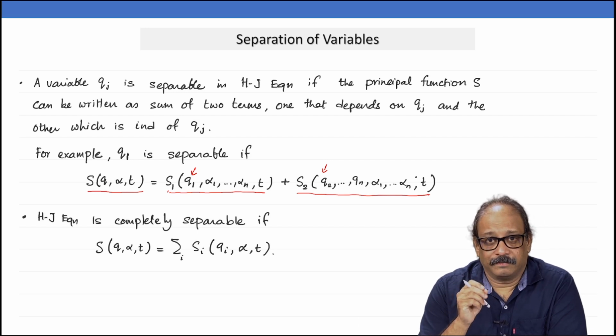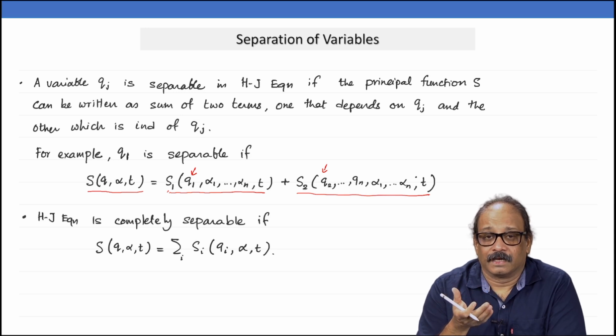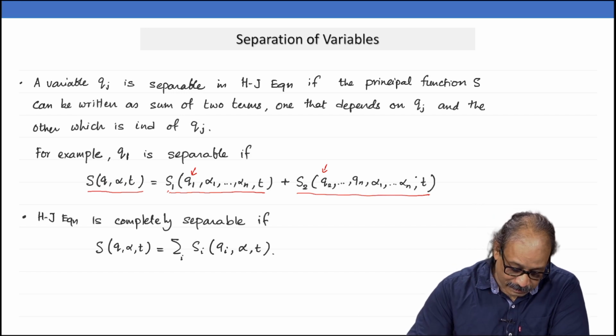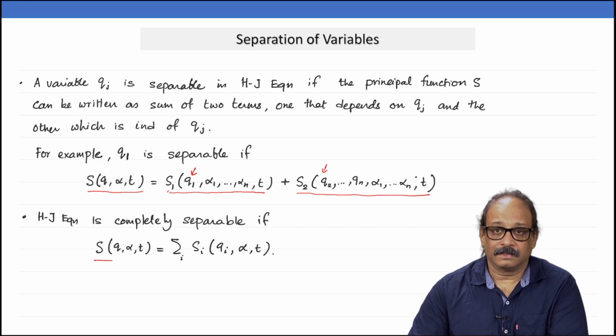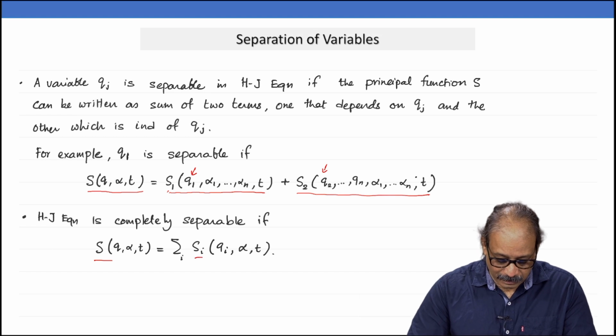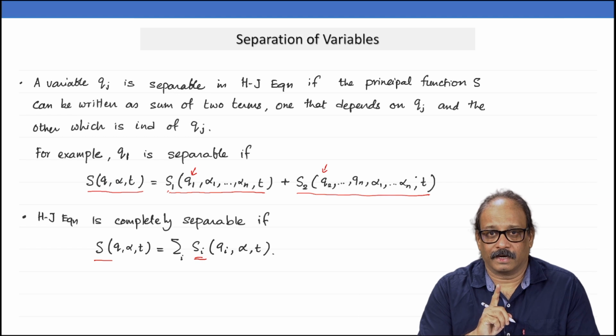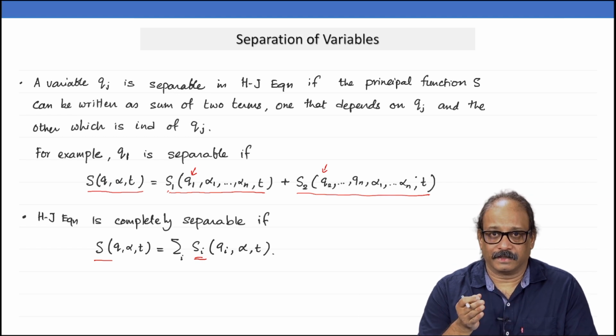Now, if I can do the same thing for each of those variables, from q 1 to q 2 and up to q n, then what happens? Then of course, the system is very easy to solve. In that case, your Hamilton's principal function will look like a sum of individual pieces, and each individual piece S i will depend only on q i and not on any other variables.